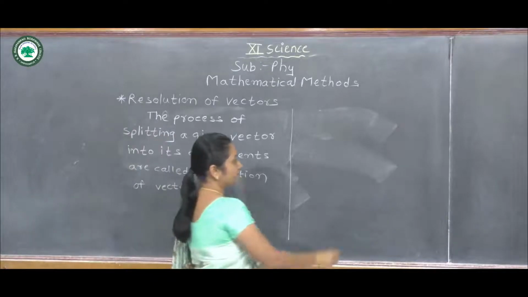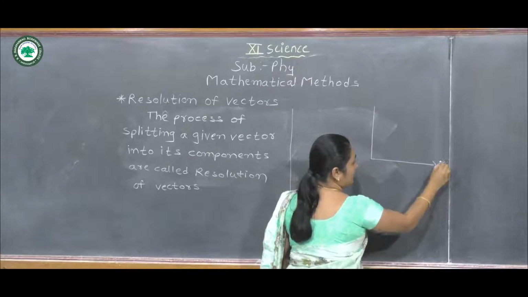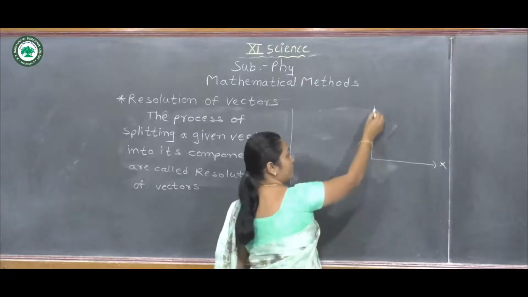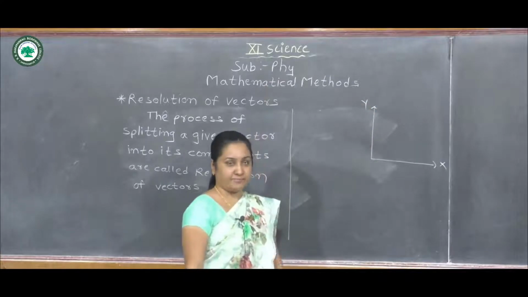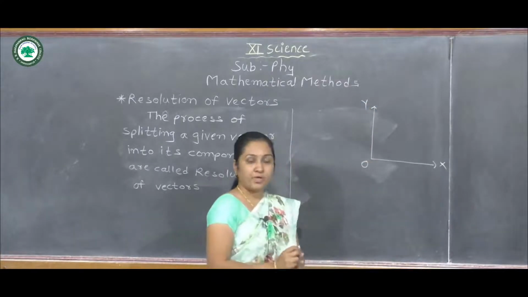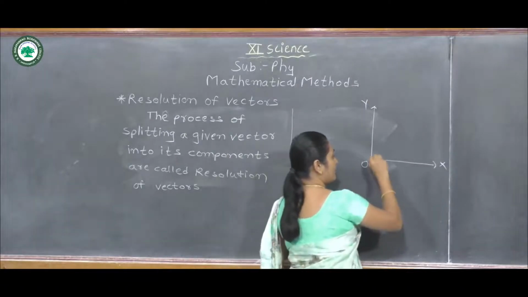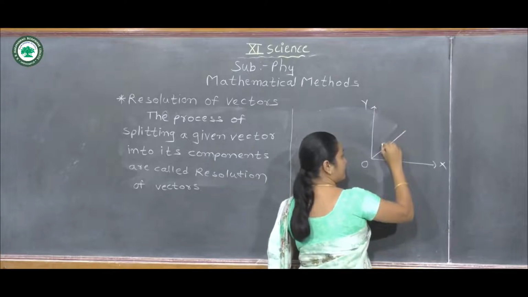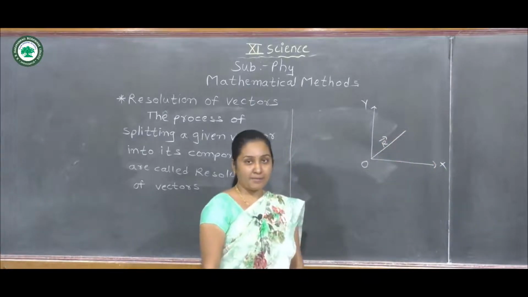So suppose this is the x-axis, this is the y-axis. It is origin O. So consider a vector r bar. This is a vector r bar.